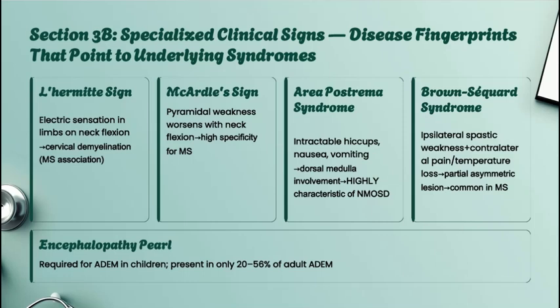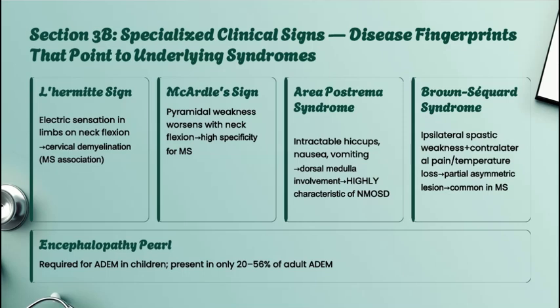Another useful sign is McArdle sign. This refers to worsening pyramidal weakness with neck flexion and is considered relatively specific for cervical cord dysfunction in multiple sclerosis. Although not routinely tested formally in every examination, it remains a useful postgraduate teaching point.